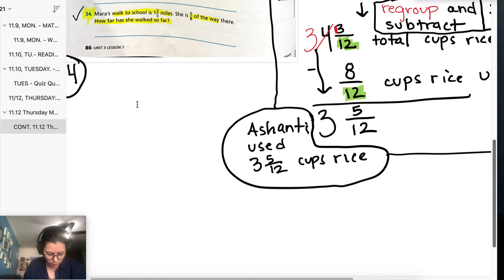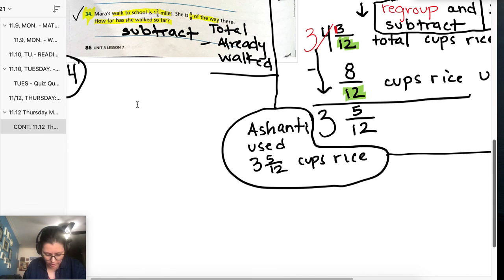If we want to see how far she has walked, how much she has gone so far, we're going to need to subtract again because we need to figure out the total minus how much she has already walked. So minus how much she has already walked to equal how much she has left.